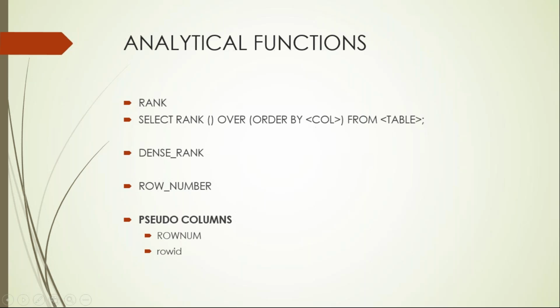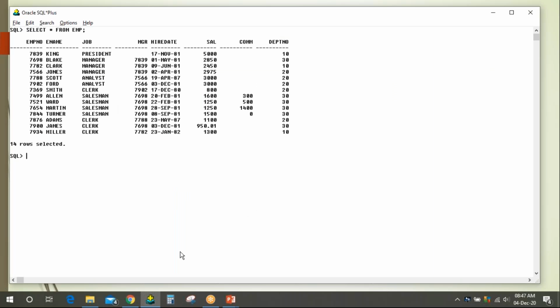But pseudo columns, there is ROWID and ROWNUM. They don't analyze anything, they just give the numbers. Let's try that. Ename, job, MGR, commission, department number, ROWNUM.